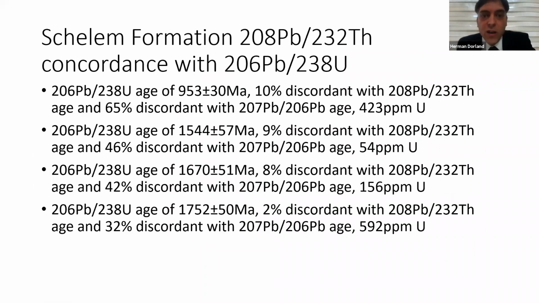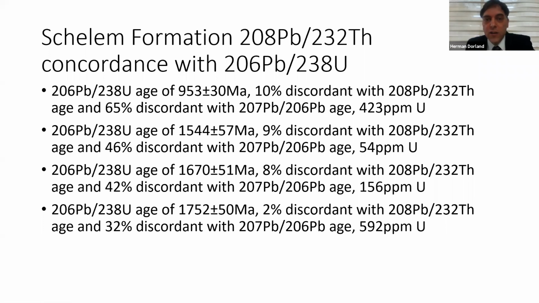However, I then looked at the 208 lead 232 thorium, and for example, we had a zircon there with a 206 238 age of 953 million years. And it's only 10% discordant with the 208 232 thorium.